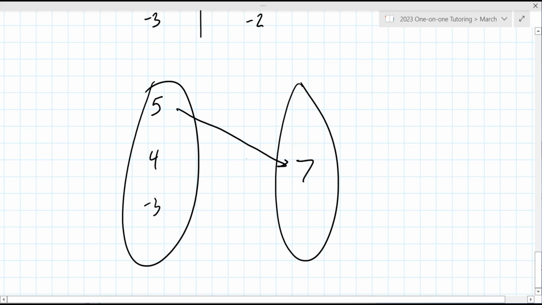Again, are there any duplicates in the input? No, no big deal here. So this is also a function.